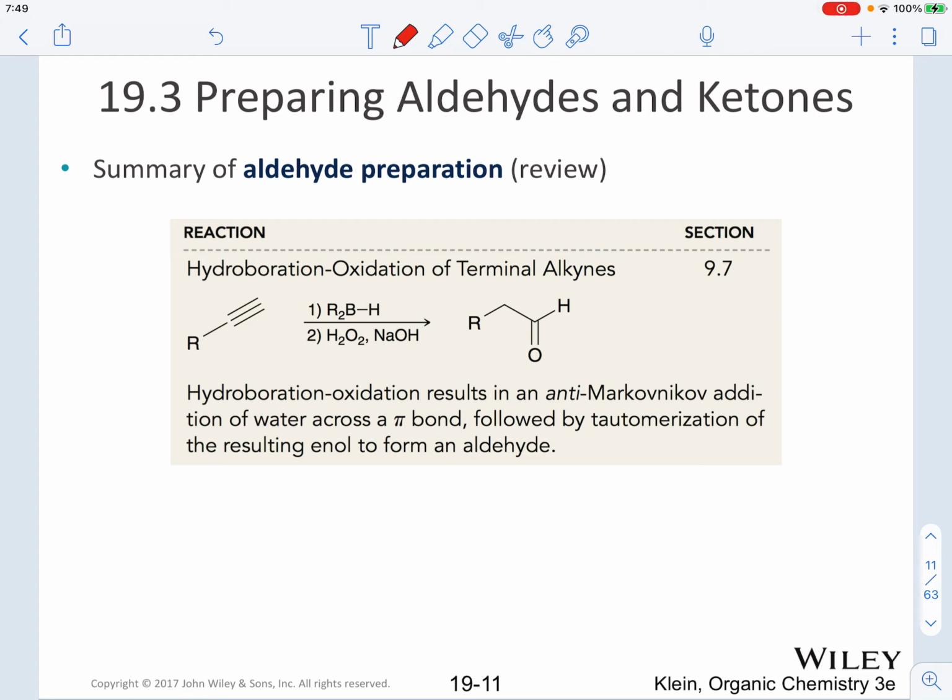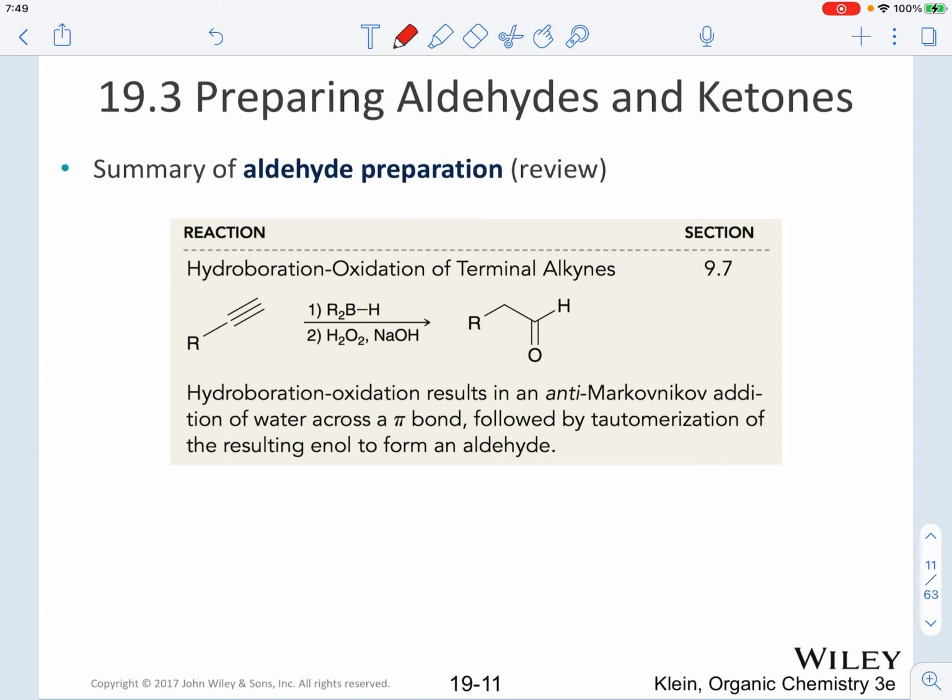Understand that aldehydes can also be prepared from hydroboration oxidation of terminal alkynes. And as you can see, this results in an anti-Markovnikov addition of water across the pi bond, followed by the tautomerization, and that's what forms the aldehyde.